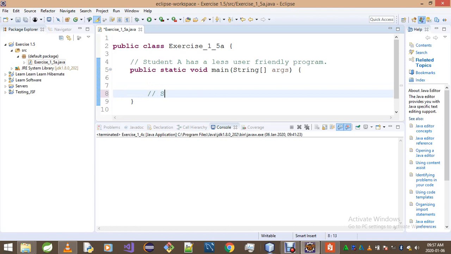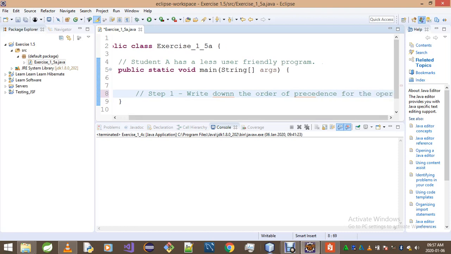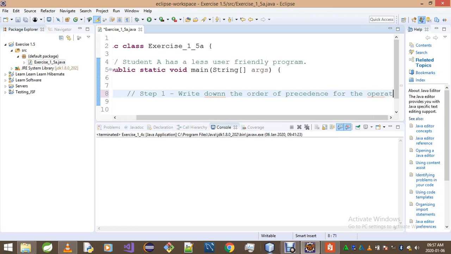So step one, we gotta write down the order of precedence for the operators.